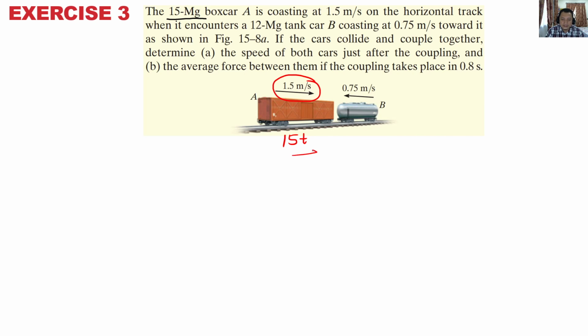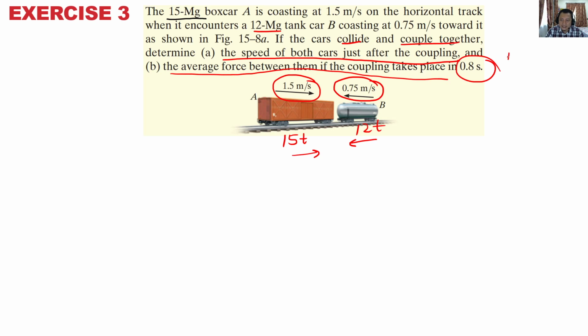It moves like that. And tank B is 12 megagram, 12 ton, to the left at 0.75. If the cars collide and couple together, determine the speed of both cars just after coupling, and the average force between them if the coupling takes place in 0.8 second. This is time. Okay, so something like this.